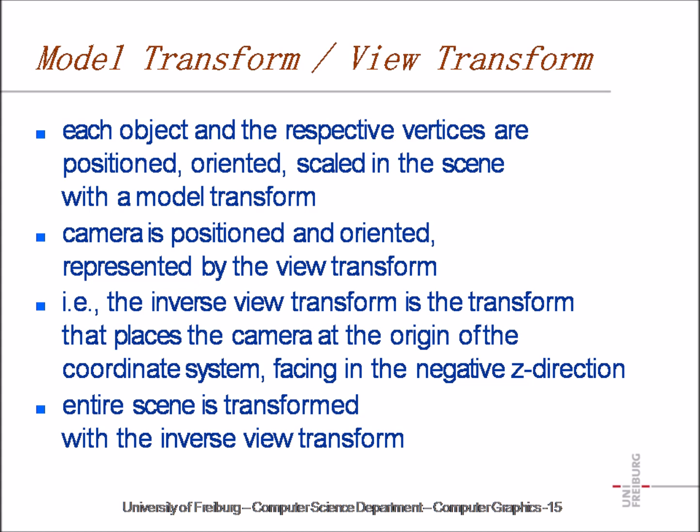Hence, in this way, the entire scene is transformed with the help of the inverse view transform. So dear students, here we have understood the concept of model transform, which is related to the object, and the view transform, which is related to the camera positioning. Therefore, these are discussed together.